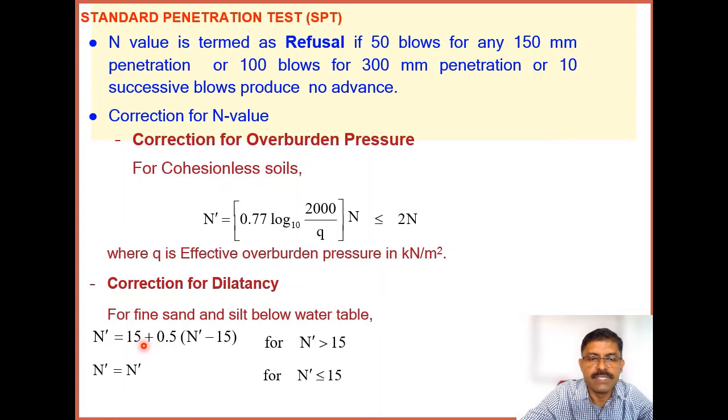N dash, that is the corrected N, is equal to this expression, where N is the value you got from the overburden correction. That value is substituted in this, for the case of N prime greater than 15. For the case of N prime less than or equal to 15, you can adopt the same value, N prime is equal to N. You can take it directly.